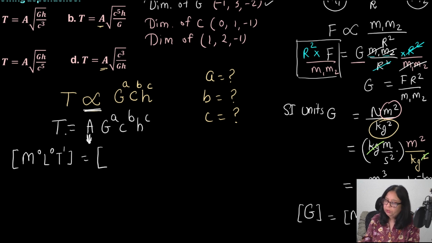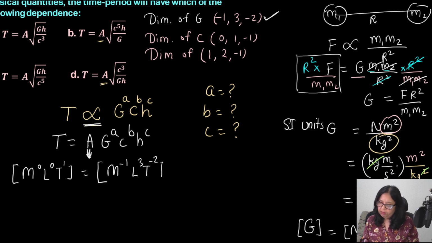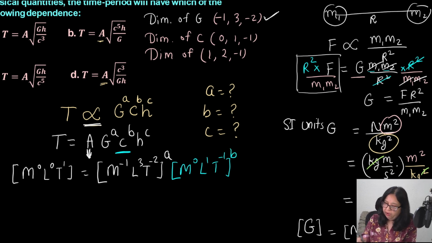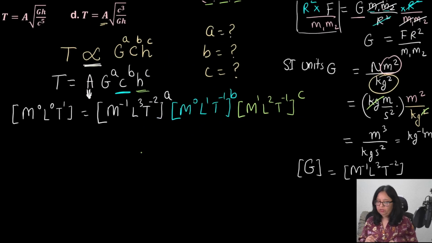G, its dimensions are M -1, L3, T -2 to the power A. Then I have C. C is M0, L1, T -1 to the power B. Then I have this H here. H is M1, L2, T -1 to the power C.